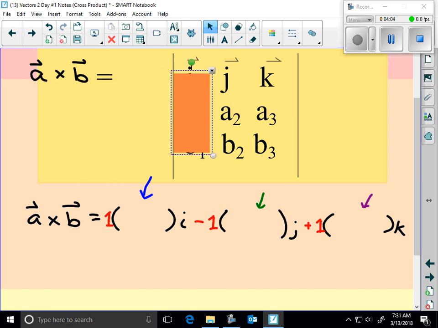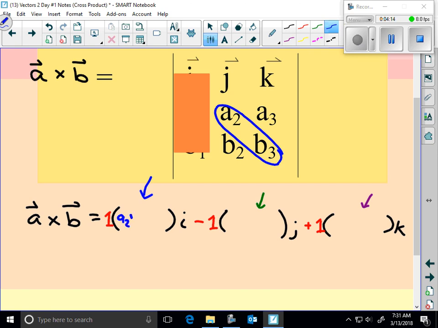When I want the I component, I'm going to do the cross product, which is A2B3 minus A3B2. These are just the mechanics of how this works. Obviously we'll do it with numbers in a moment with an example.